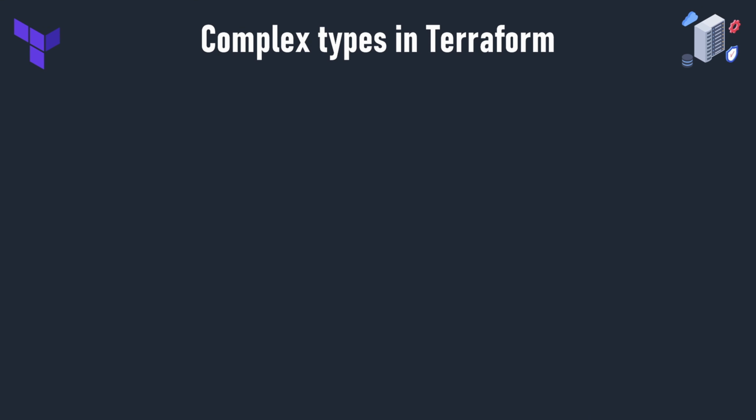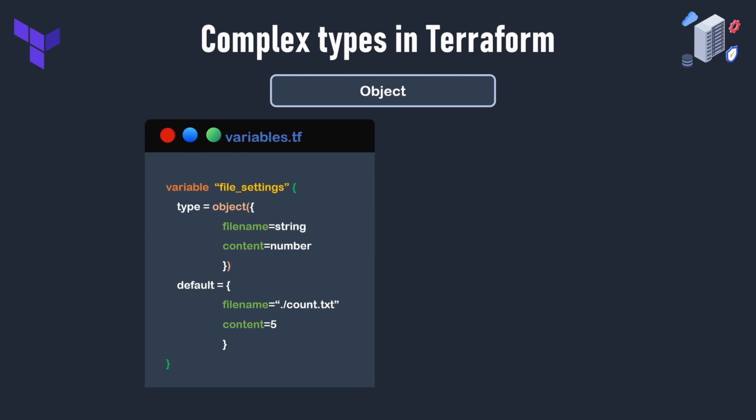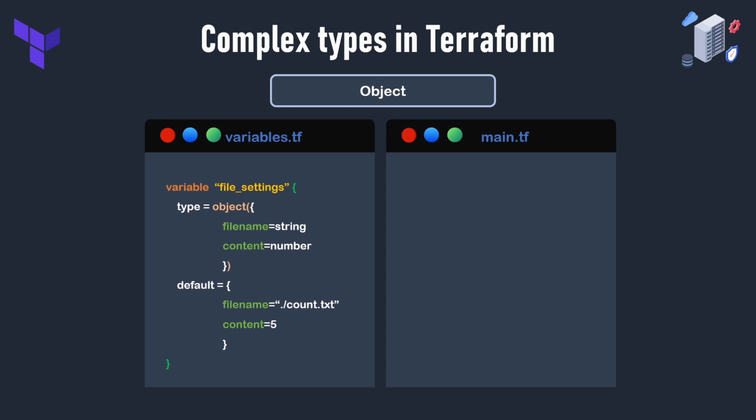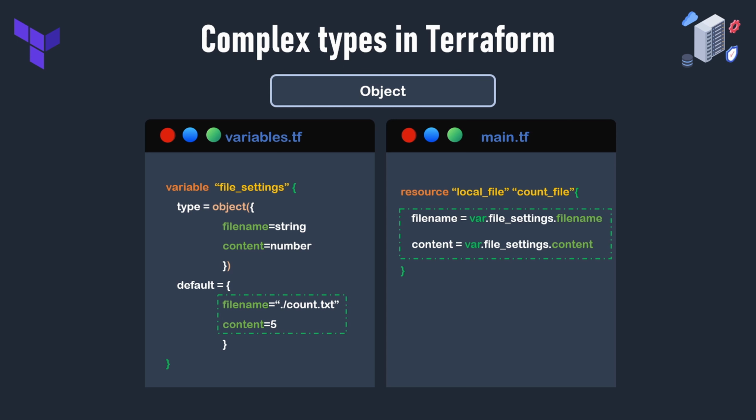Finally, we will see how to access the values stored in a variable of type object. To access the value stored in a variable of type object, we need first of all to access the variable as we did with any variable, followed by the attribute that belongs to the object declaration.